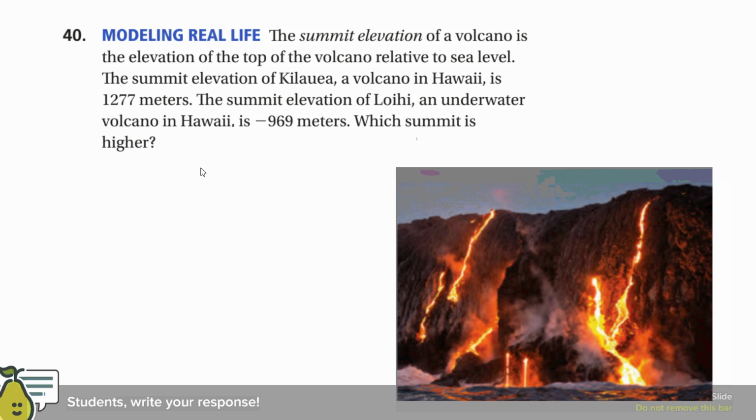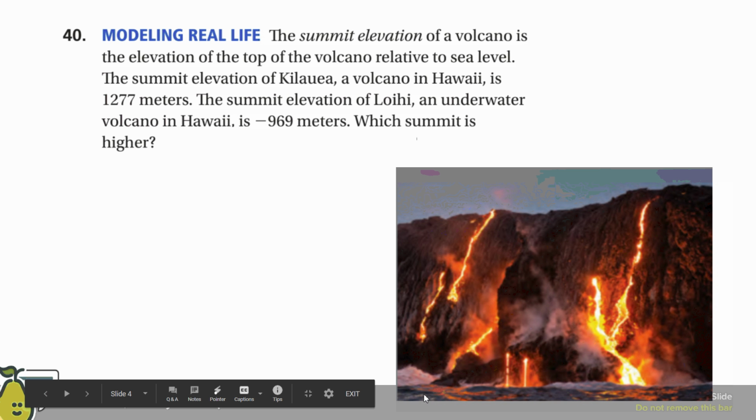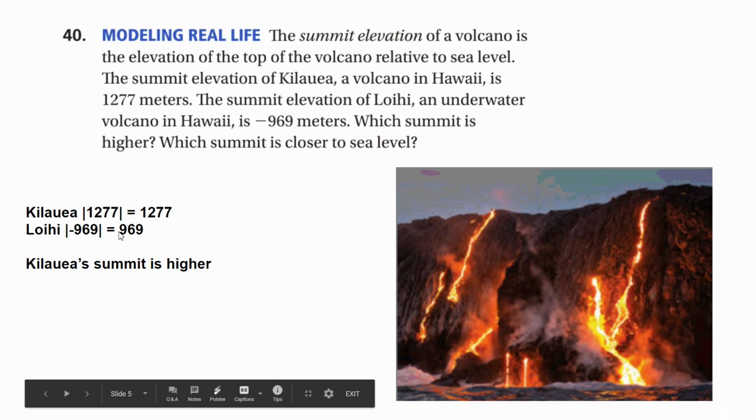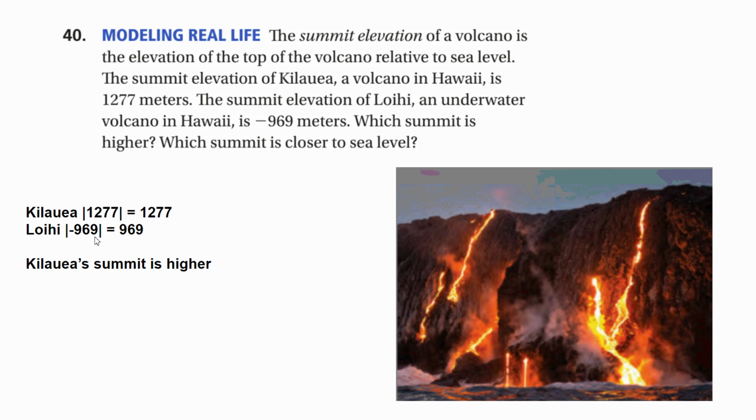Well, if we take the absolute value of both of these numbers, we can find out the distance from sea level. Sea level is down here, which would be zero. So the distance from the top to the bottom of Kilauea would be 1,277 meters. Now the underwater Lohi volcano would be a distance of the absolute value of negative 969 meters.